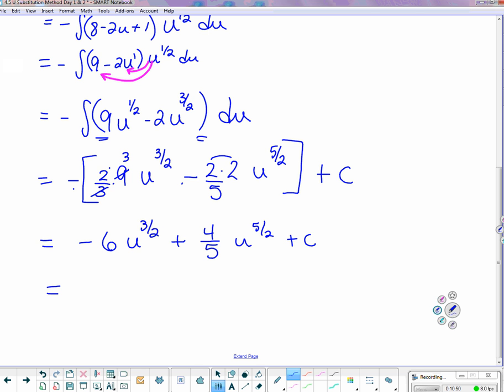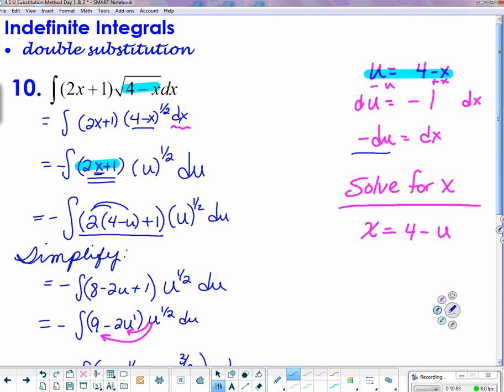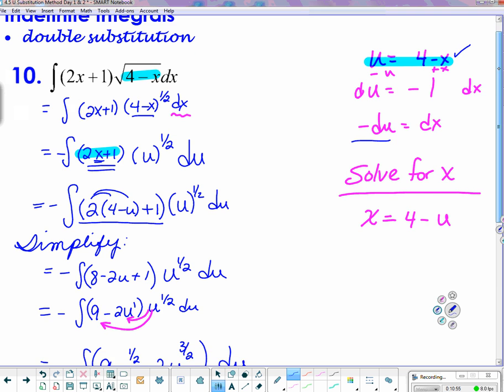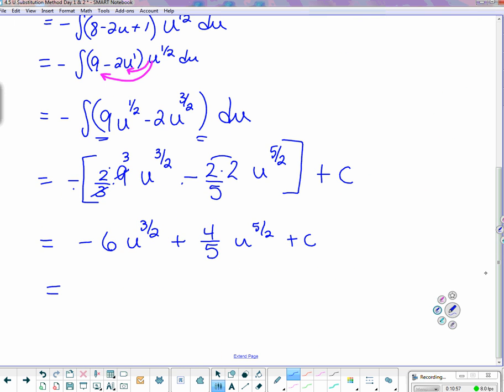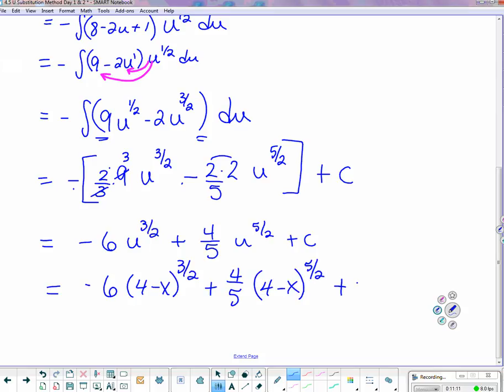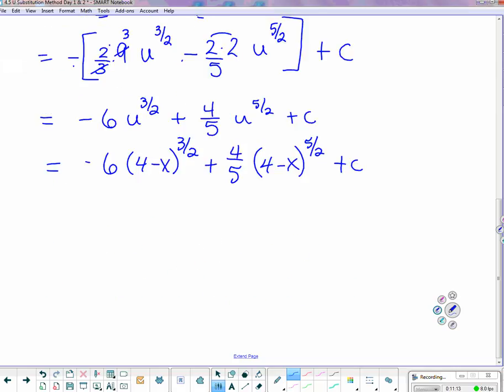I need to go find what u originally represented. I'm looking right here. It is 4 minus x, so it is final step of replacement, and it was 4 minus x, substituting back for our u, and we will have our answer. Now, these aren't as much fun to check your answer, but you certainly could by doing the derivative, and it should bring us back to what we originally had.